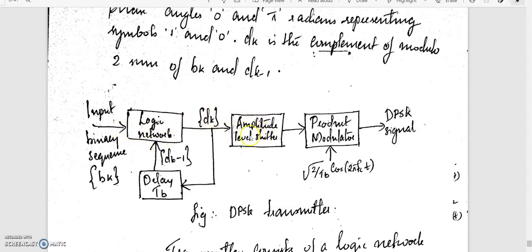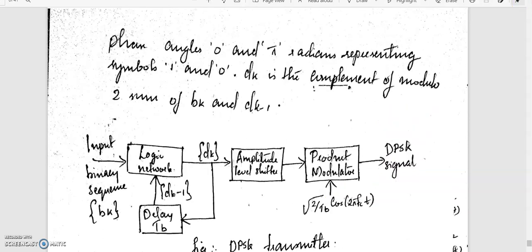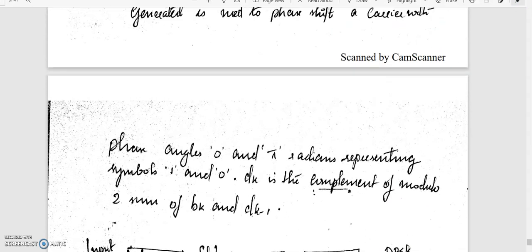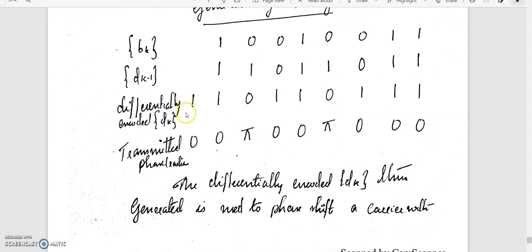Then in the remaining block diagram, you have the amplitude level shifter and the product modulator with root of 2 by TB times cosine 2 pi fC t to get the DPSK signal. Wherever I have 1, the transmitted phase is 0 degrees.